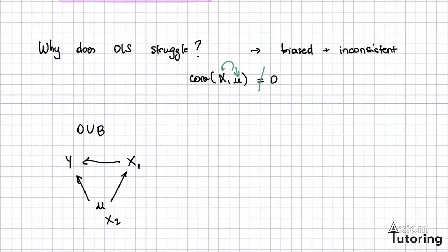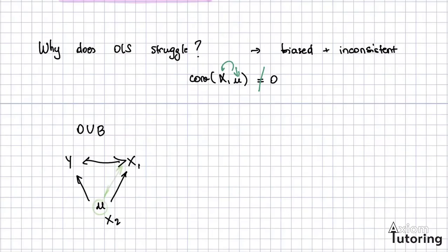In the case of simultaneity, what we're saying is that it's not the x2 that is in there, but some part of this u that is affecting. So this goes both sides, and this would go both sides as well.